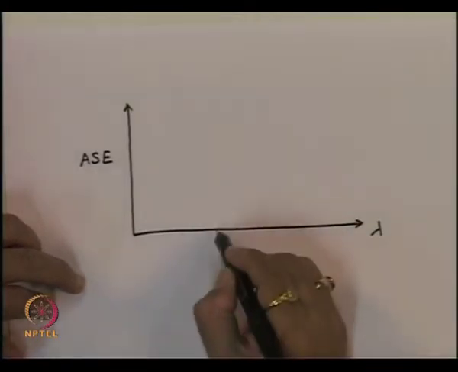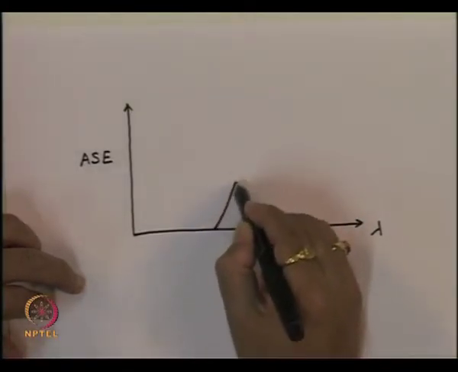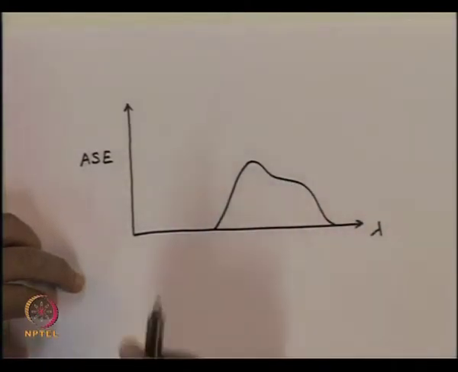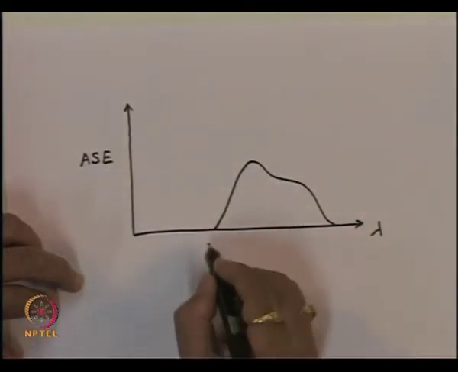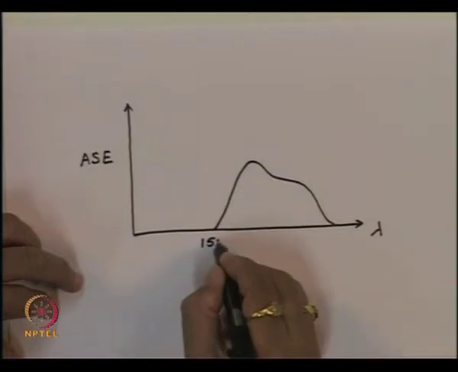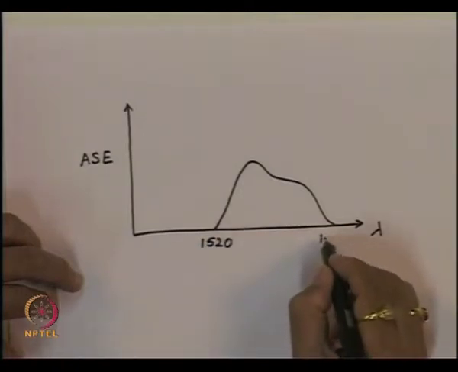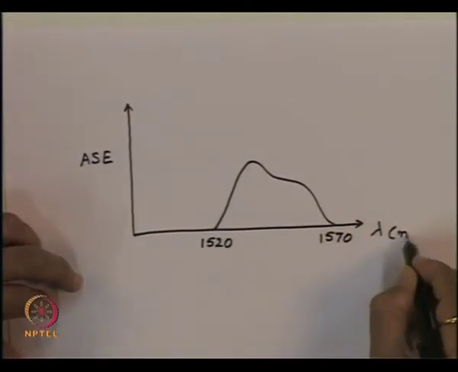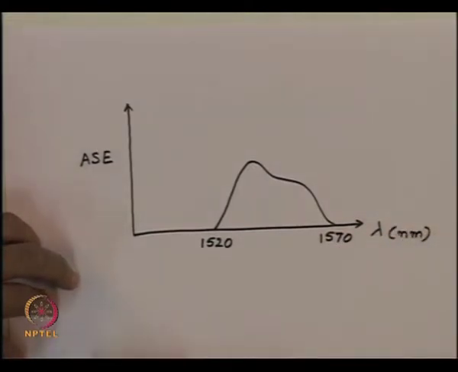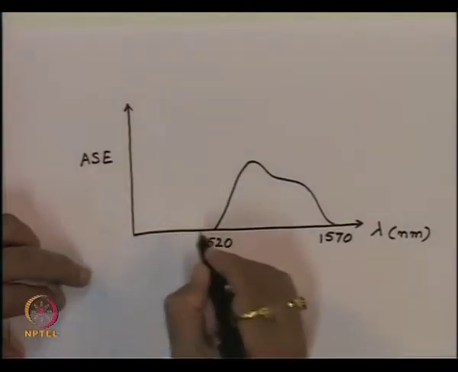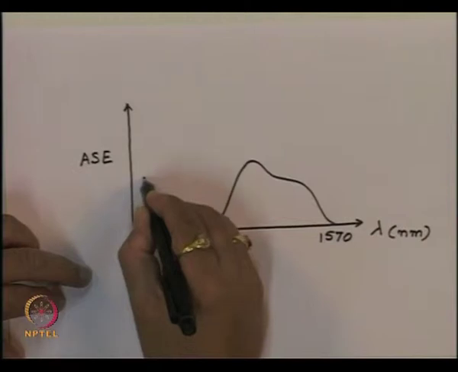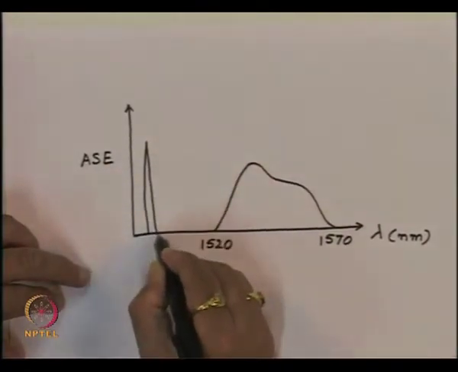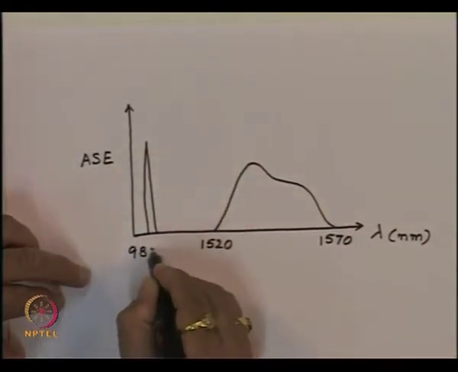So typically the spectrum looks something like that. Here, let us say the wavelength is about 1520 nanometer and it goes up to 1570 nanometer. And the pumping will be done somewhere here, which will be at 980 nanometer.